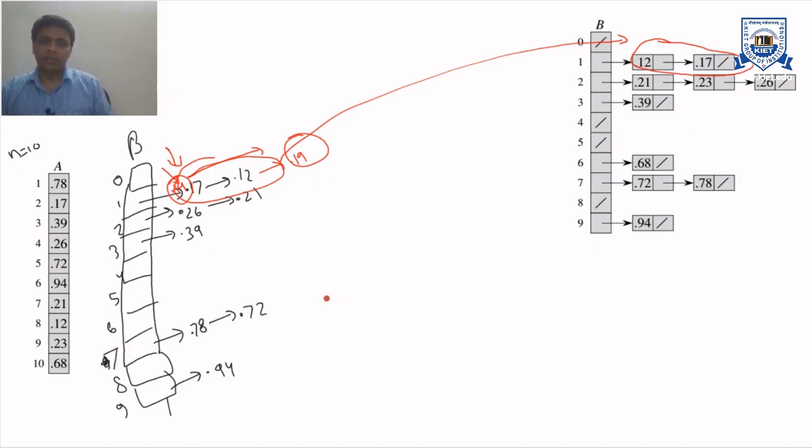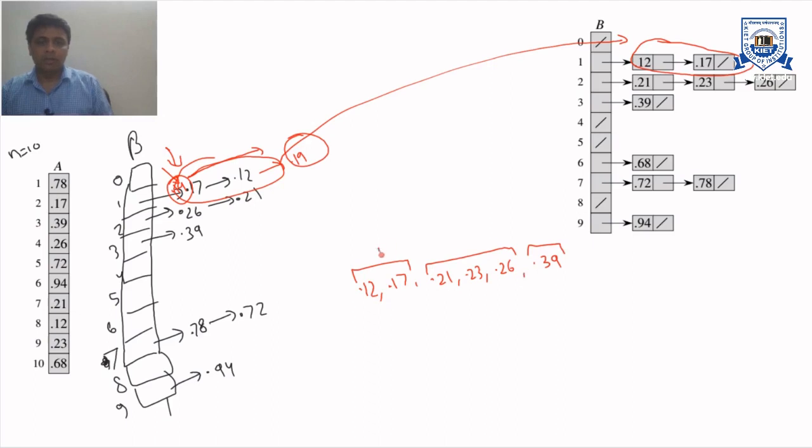Bucket 0 has no data, so no need to concatenate anything. Then bucket 1 has 0.12 and then 0.17. From bucket 2, 0.21, then 0.23, then 0.26. From bucket 3 there is only one data, 0.39.